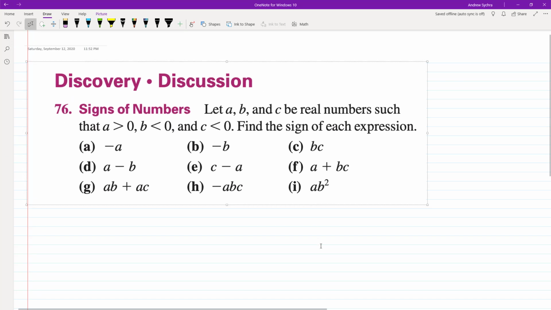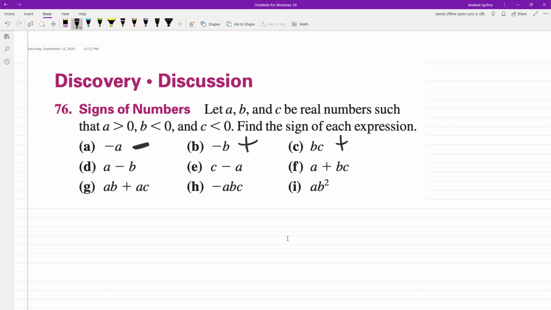76. Find the sign of each expression. So A is greater than that, so this could be negative. B is less than, so this is positive. B times C, they're both negative, so it's positive.